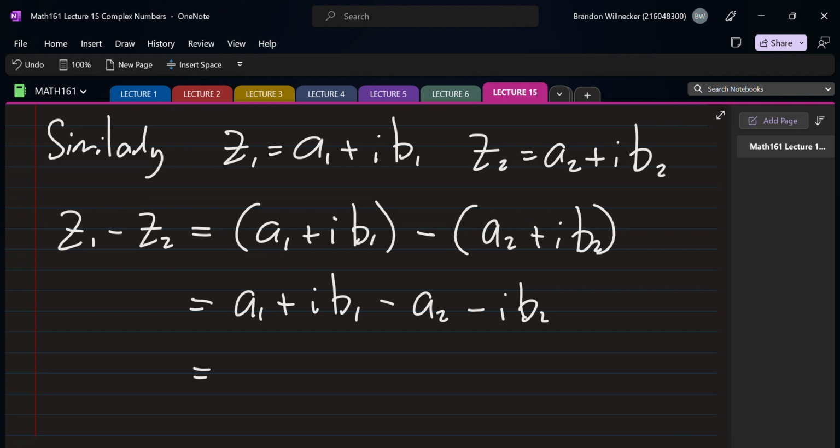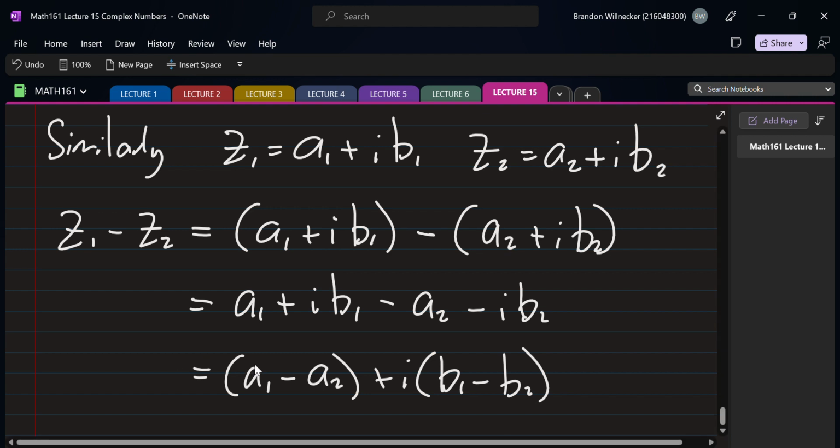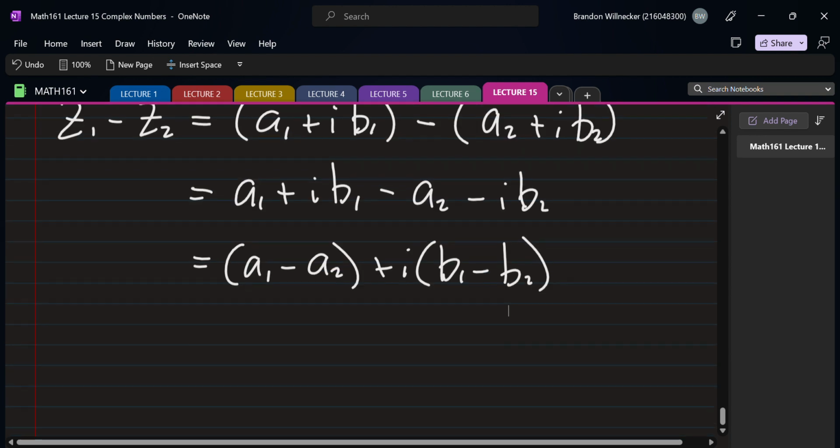Now, as with the previous case, the A1 and the A2 we can group together, plus I, and the B1 and the B2 we can group together. And notice we have a similar thing to what we had before, but now we have subtracted the real parts together, and we've subtracted the imaginary parts, again grouping them together with the I in front.